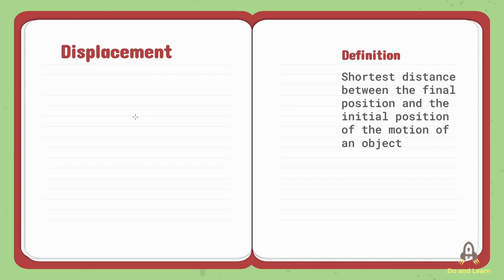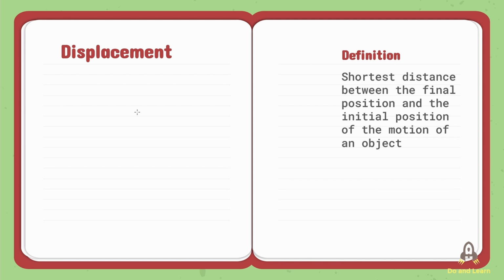So what is the difference? From this example, it is clear the difference between distance and displacement. Distance is the total length of the path through which a body moves, but displacement is the shortest distance from initial to final position. The magnitude of displacement is either equal to or less than the distance.